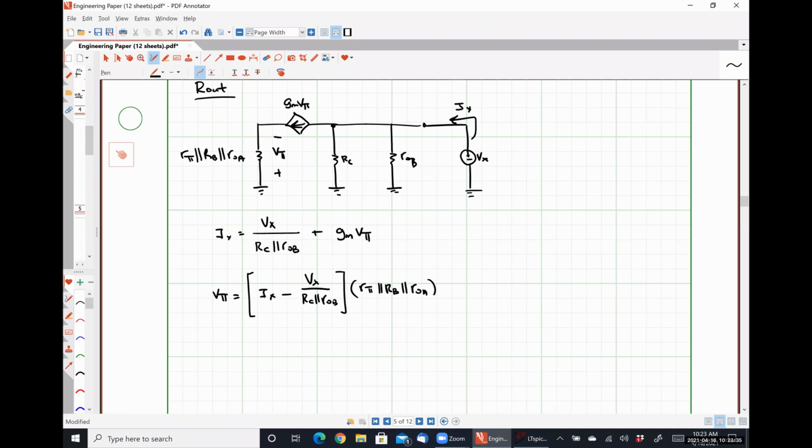So the voltage drop across those three resistances in parallel is those three resistances in parallel multiplied by the total current flowing through that branch, which is just Ix minus how much split off.